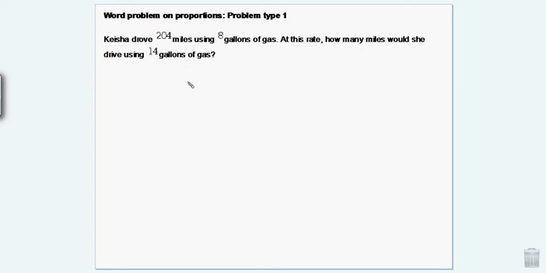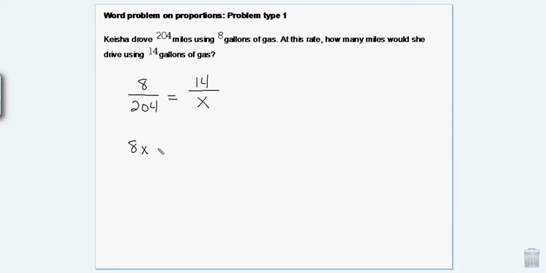Keisha drove 204 miles using 8 gallons of gas. So I'm going to do 8 gallons over 204 miles is equal to 14 gallons over some unknown amount of miles.